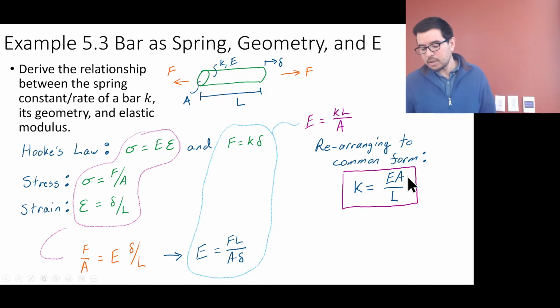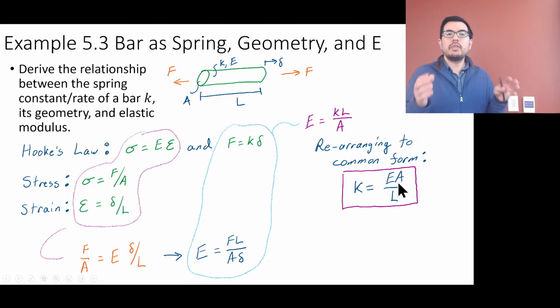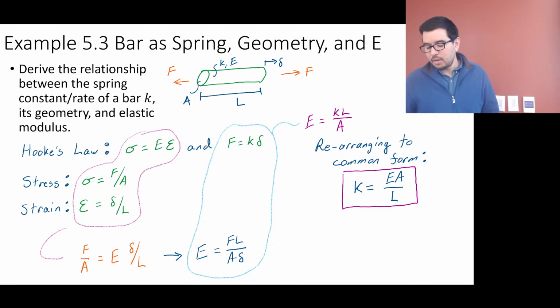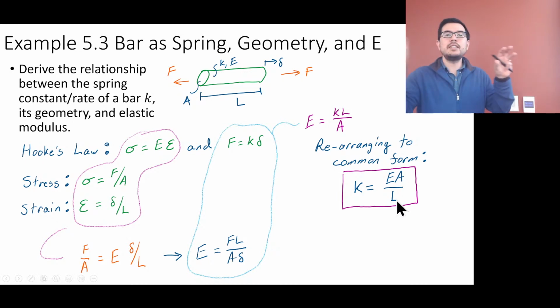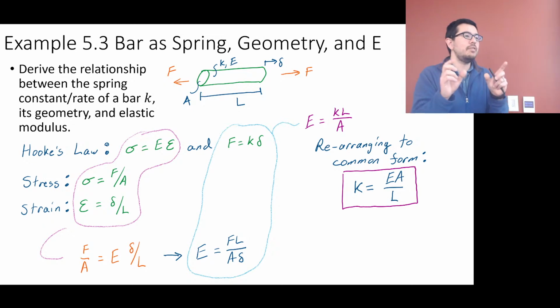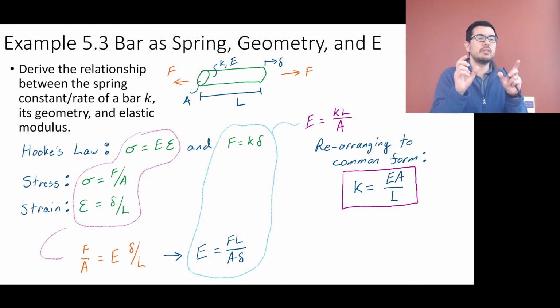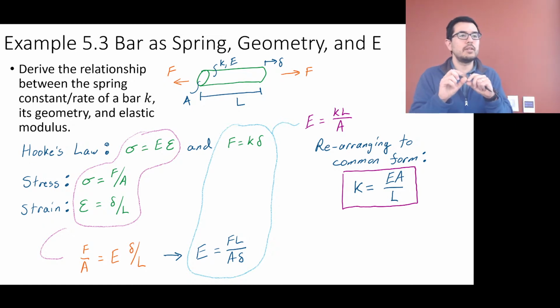If we increase the cross-sectional area, we have a stiffer bar. And then you remember, springs in series, what happens? Well, you get decreases in the Ks. Remember, we said if you double the length of the spring, you're going to halve the elastic constant, or the spring rate, the spring constant.